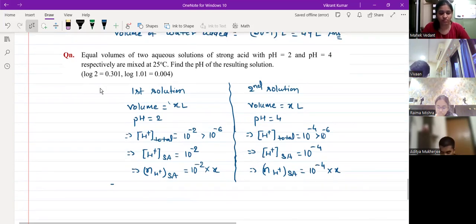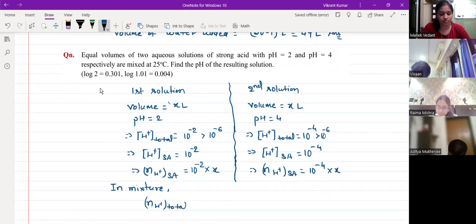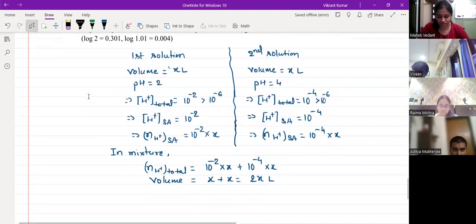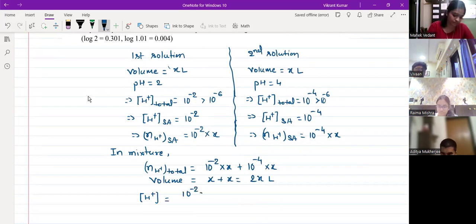And then in the mixture, moles of H plus total will become 10 raised to minus 2 into x plus 10 raised to minus 4 into x, and volume will become x plus x, that is 2x liter. Then the molarity of H plus will be 10 raised to minus 2x plus 10 raised to minus 4x over 2x. What I'm writing now is what you have to write during the exam; you don't have that much time for so many steps.